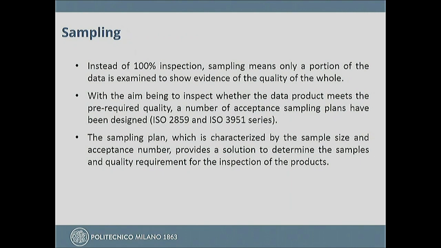In the specific case of land cover maps, the land cover maps are derived mainly using satellite imagery. So the information is a continuous one, and it is provided as pixel-based images, as pixel-based information. We have a map that is continuous.